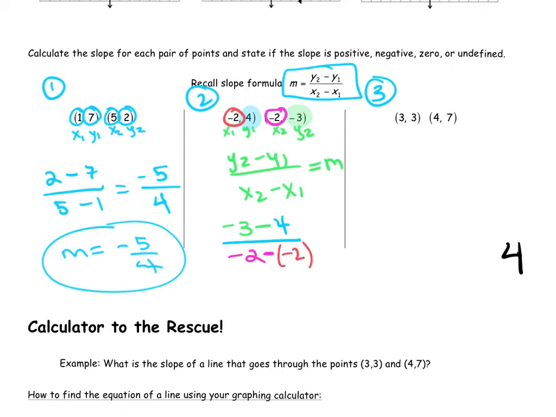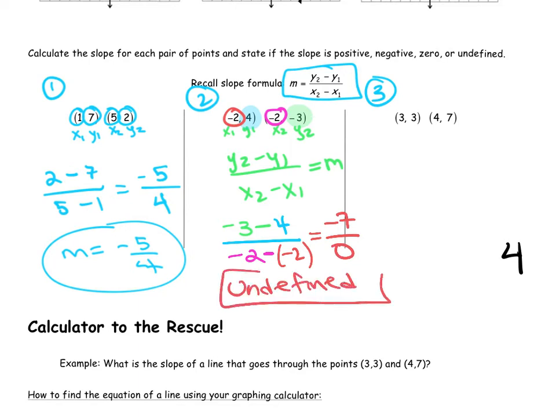All right. And if I simplify this, guys, you have a calculator. I get negative 7 over 0. And that is undefined. If I asked you to write the equation of that line, remember, this is talking about a vertical line. Well, let's see. Both of our x values are negative 2.